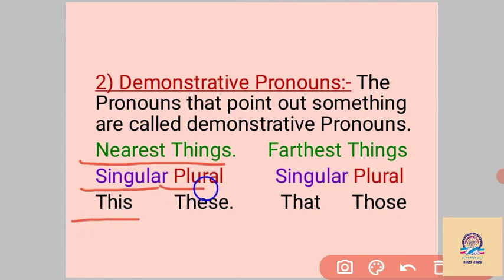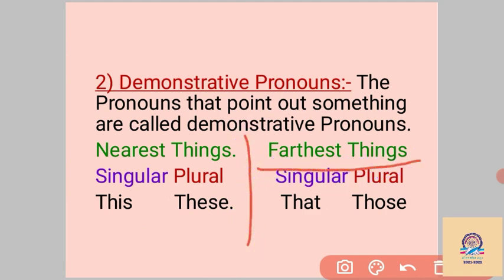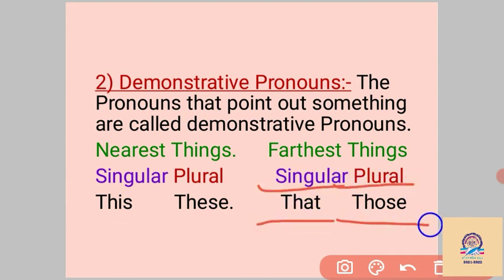If we are showing nearest things and they are plural, we use these. So this for the singular and these for the plural. And the same for the farthest things, far away from us: for the singular we use that, and for the plural we use those.